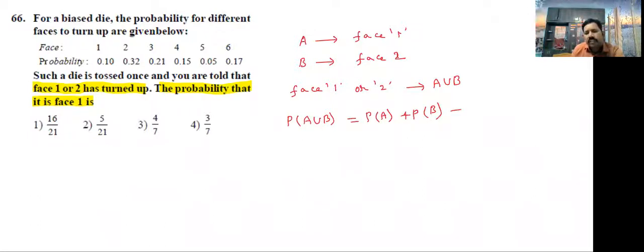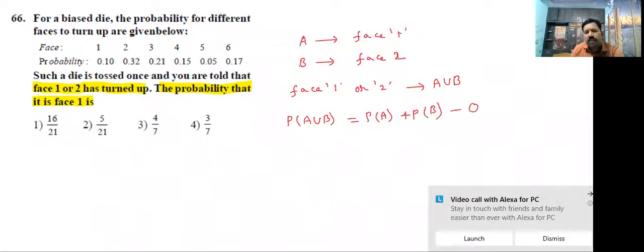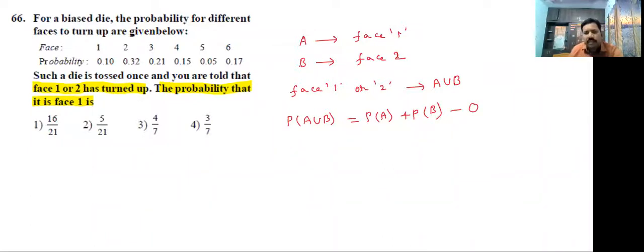There is no intersection part, yes or no? That value is 0. So what is P of A? Face 1 turn up probability is 0.10, plus P of B, face 2 turn up, what is the probability? 0.32. Overall this is 0.42.